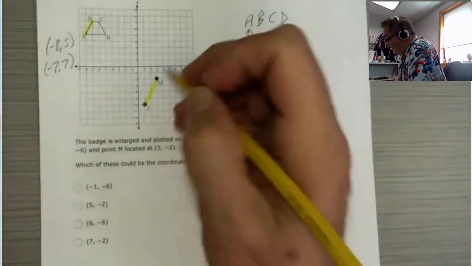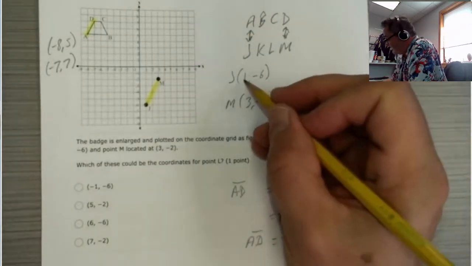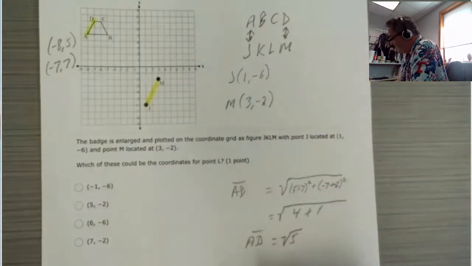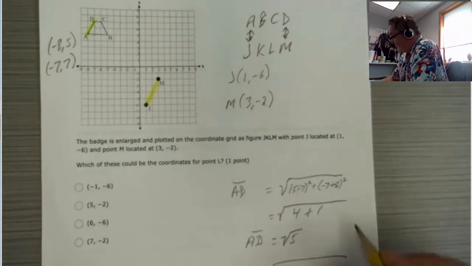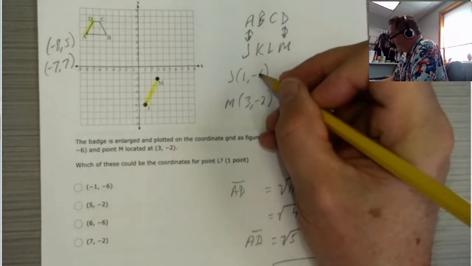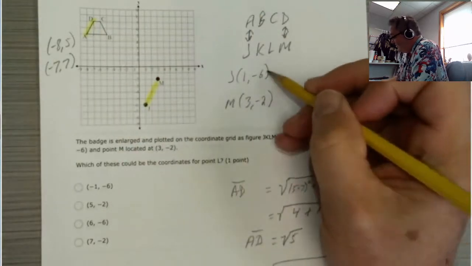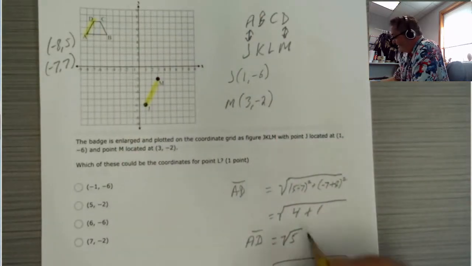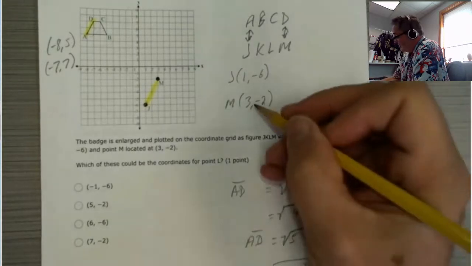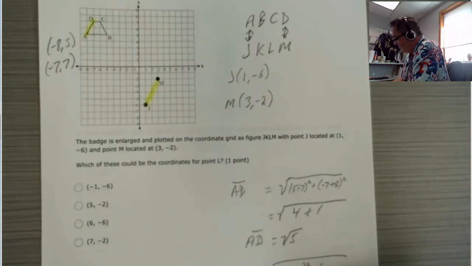How about J to M? So J, we said, is 1, -6 and 3, -2. So the length of that would be, let's do this straight. Let's go M subtract J, because that's what we did here is DA. -2 minus a -6. So that's adding 6. Minus a negative adds. And then 3 minus 1 squared. So this will equal negative 6 plus 2 is 4 squared, and that's 2 squared.